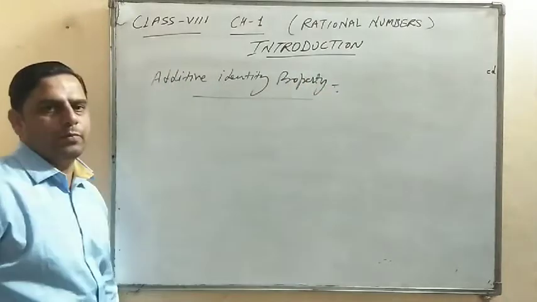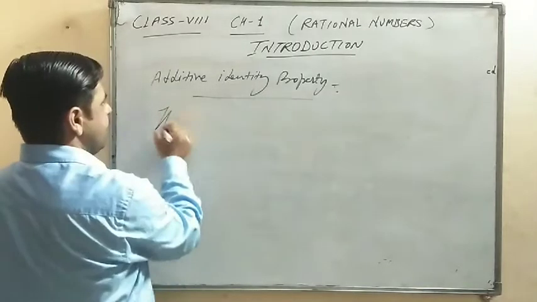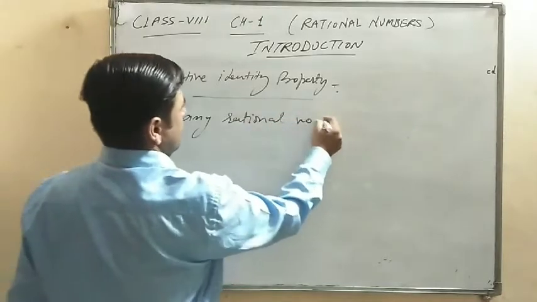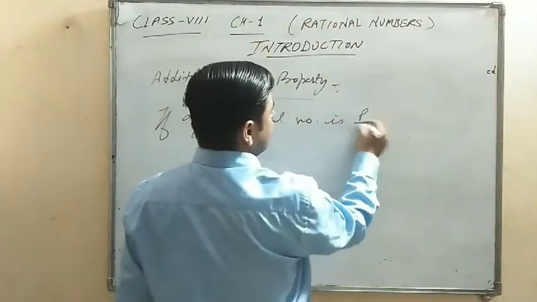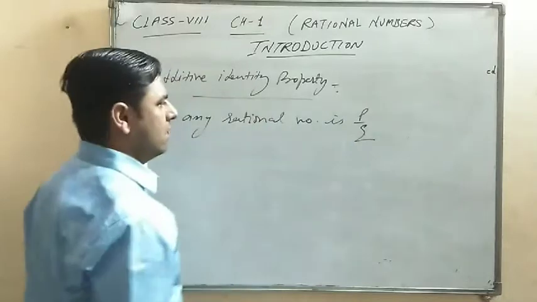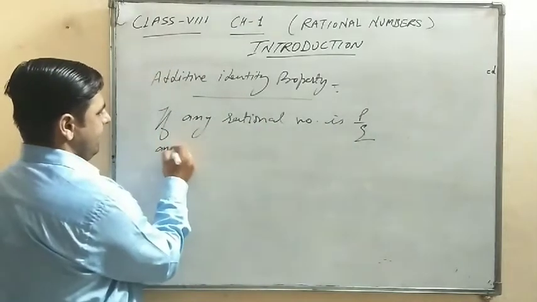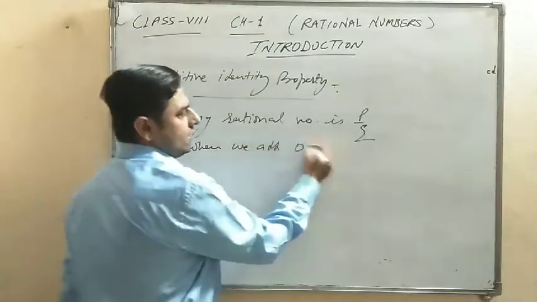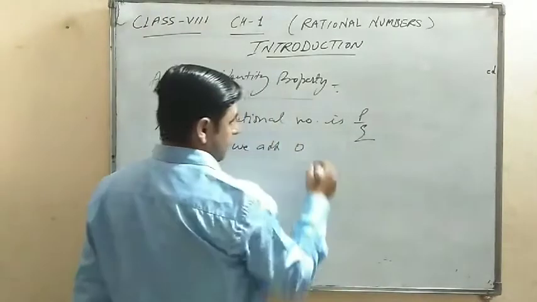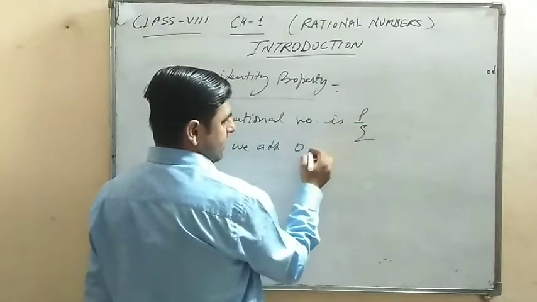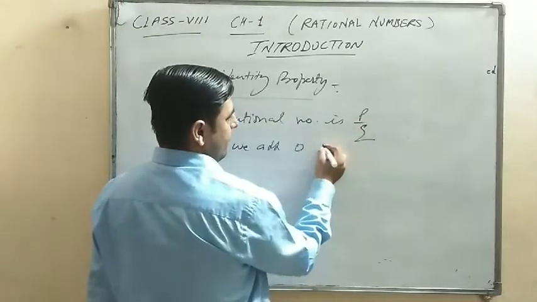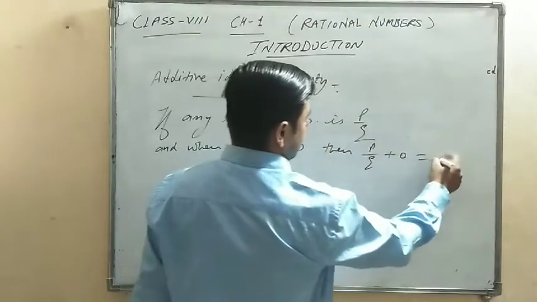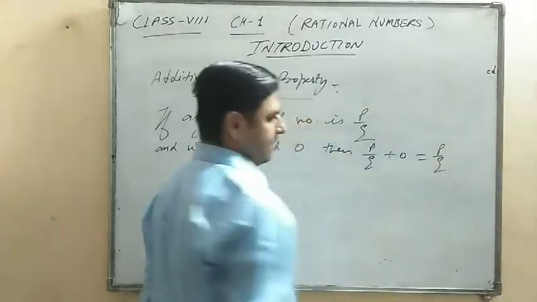Additive identity property means if any rational number is p by q, and when we add 0 to the given rational number, then we will get the result as the same.